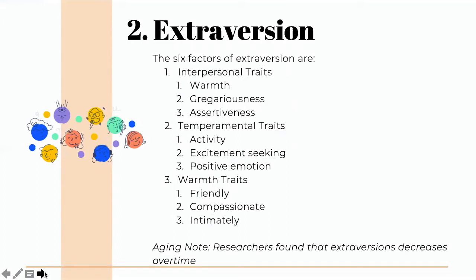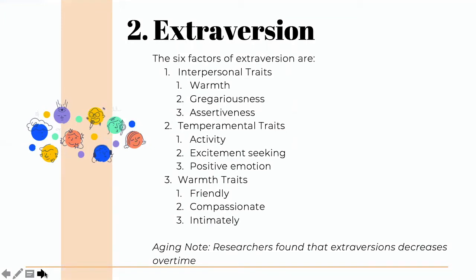Under interpersonal, they are warm, gregarious, and assertive. Under temperamental, they are very active. They have an excitement-seeking type personality. They have positive emotion as well. And under warm traits, they're friendly, compassionate, and seek intimacy with others. So they want to have that type of companionship and friendship with those around them.